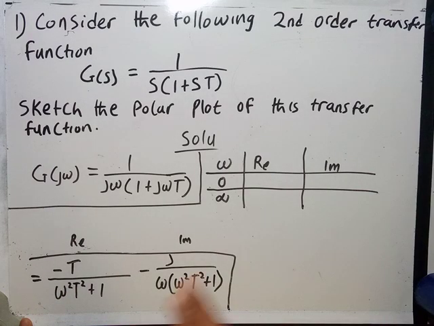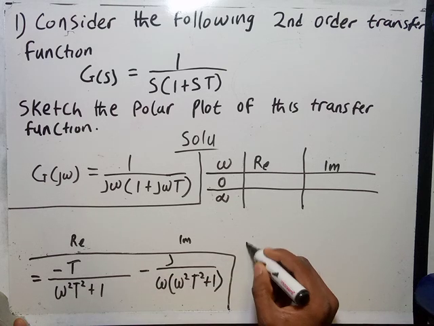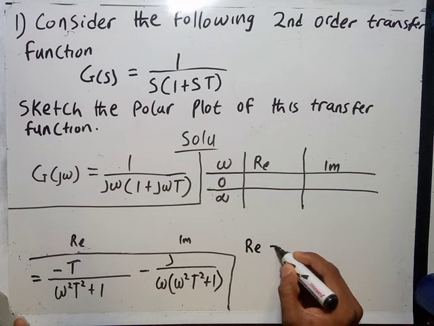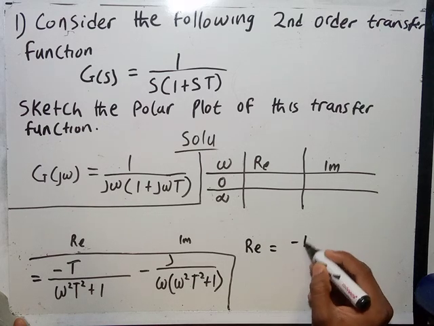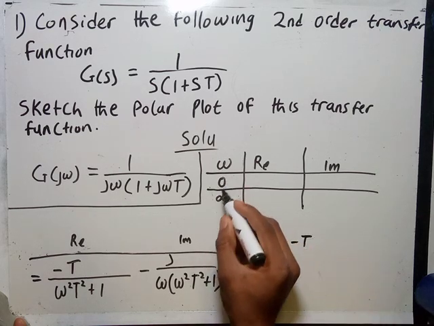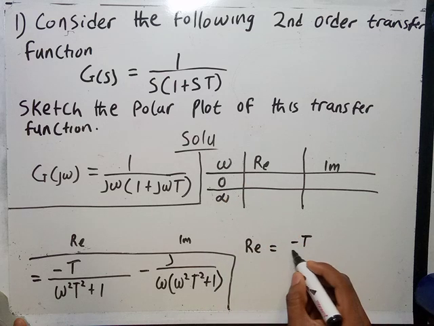Inputting the value of 0 into this, 0 times your t square will definitely give you 0, and 0 plus 1 is 1. Let me write it down. For our real part, we have minus t, and we're solving for when omega is 0.